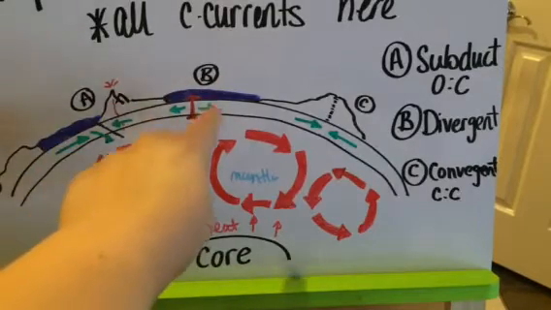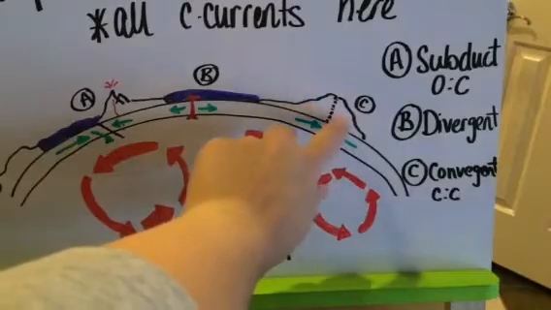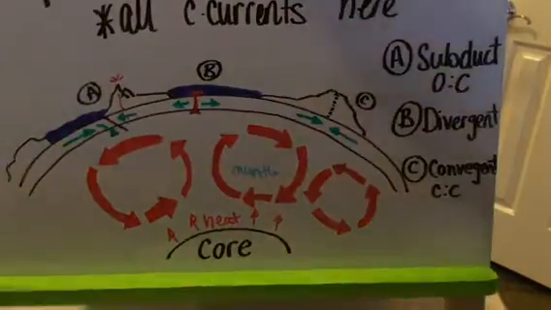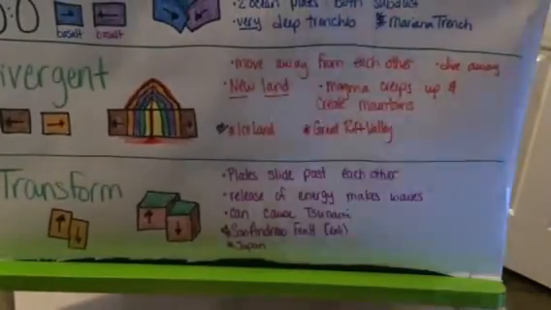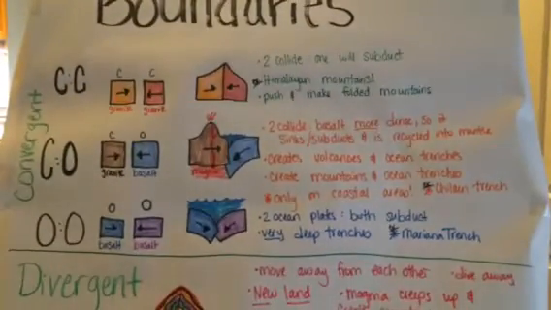We're going to look at 2 places in just a second. And then my convergent boundary is 2 continental plates that are colliding. So I'm going to flip this, and we're going to look at what those boundaries get us. I'm going to have to move it so that we can see.